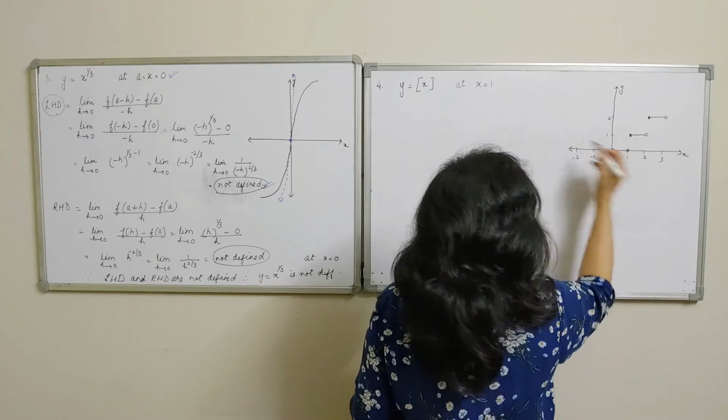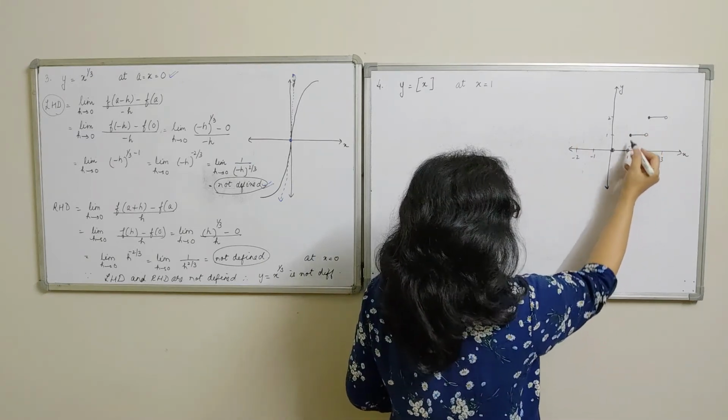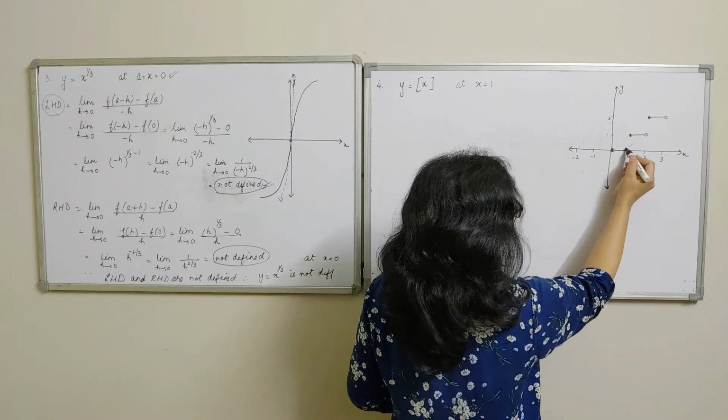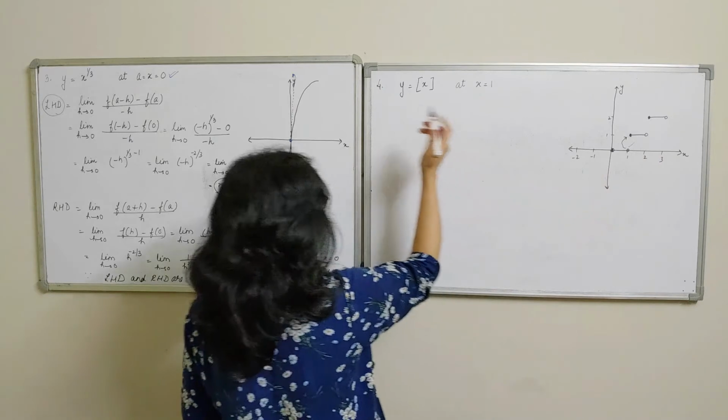Alright, so our point of consideration is 1. As you can see here, the function is not continuous at 1 because there is a jump from here to here. So obviously the function will not be differentiable, but let's check.